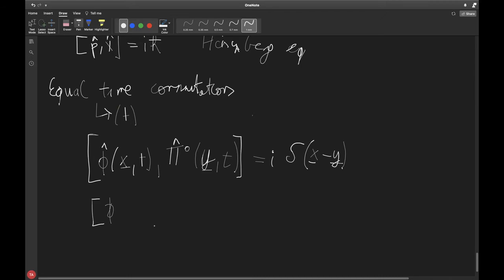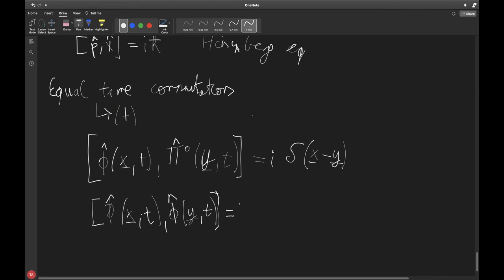So this is actually going to be exactly the same as if we would do it the other way around, that we take the dagger of these fields, so phi dagger at x and t commuted with the phi dagger of y and t. So these are actually both just 0.